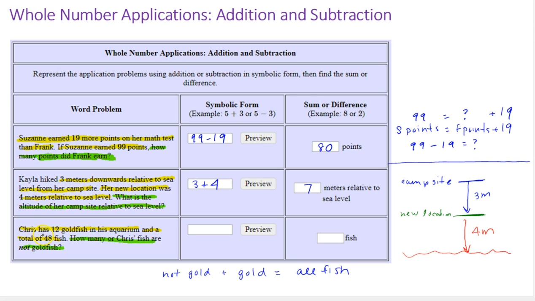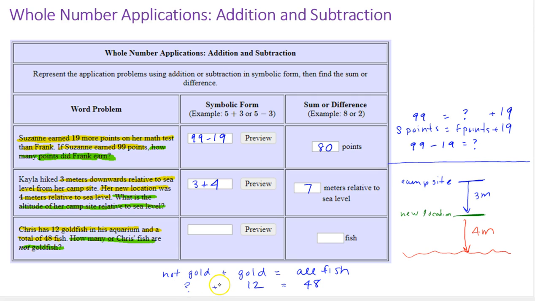Okay, so let's see what we have here. So he has 12 goldfish, so that's these, and a total of 48 fish. How many are not goldfish?